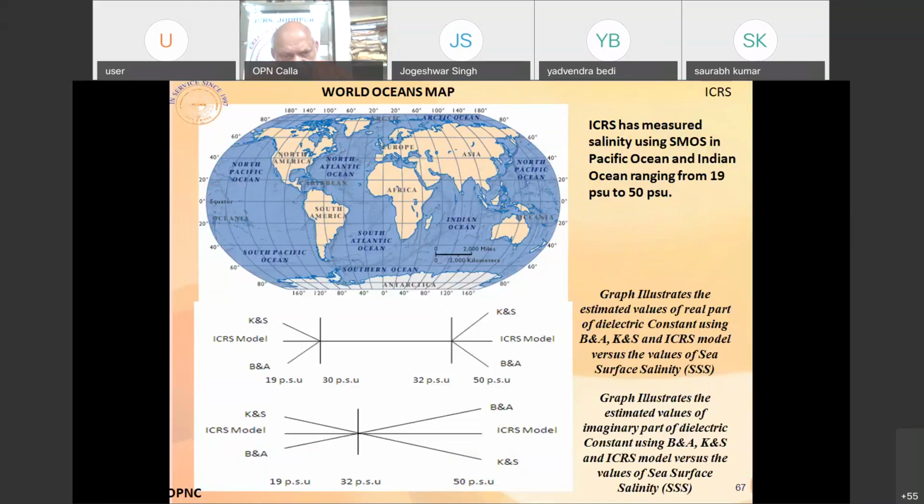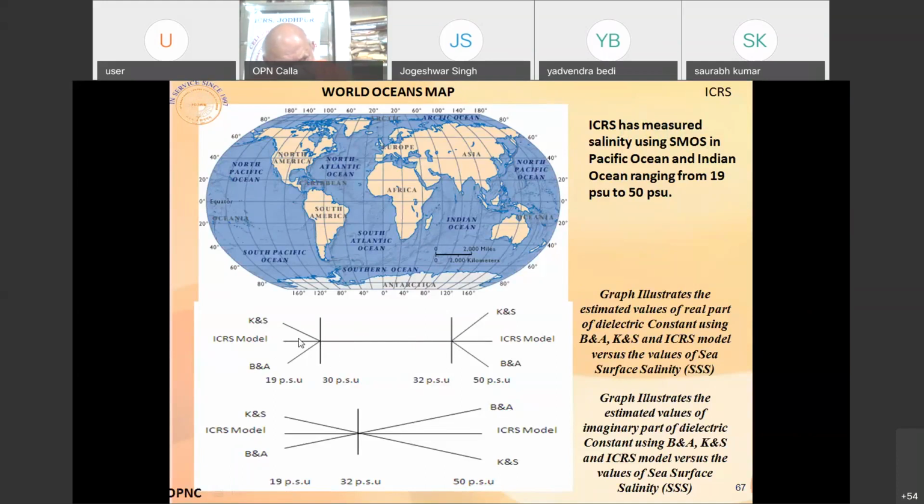And then we generated models. There we found that the available models were only good enough from 30 PSU to 32 PSU. Beyond this, they were not behaving properly.